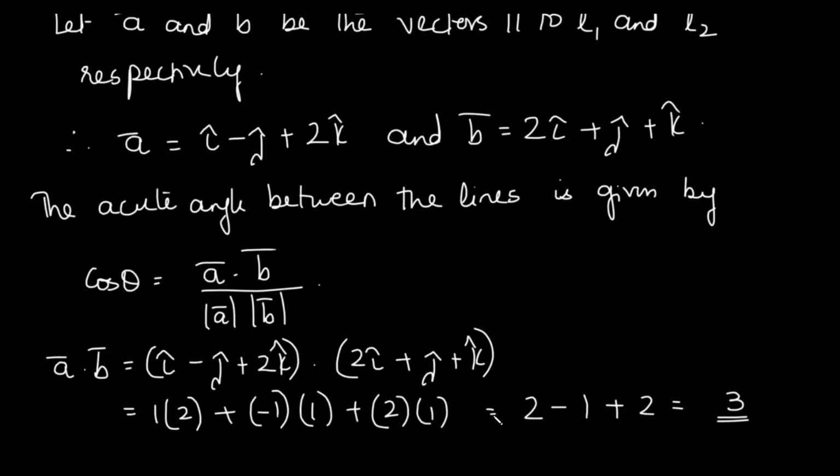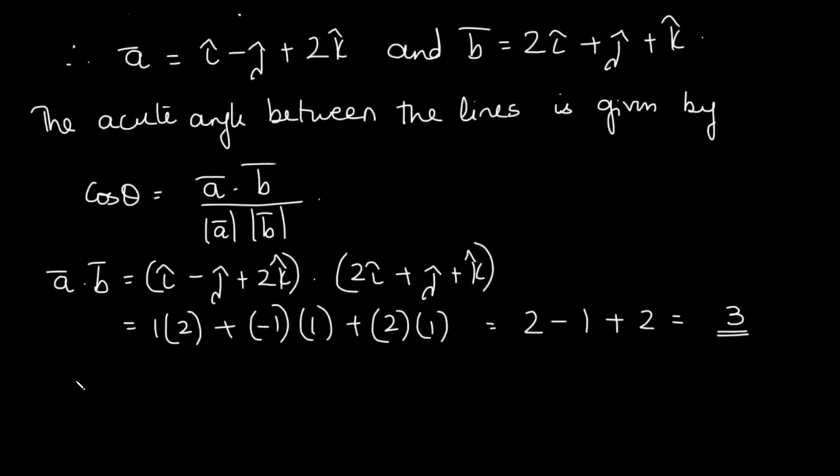So A dot B comes out as 3, and similarly we also find what is mod A and mod B. So mod A, I hope you remember the formula, it is root of 1 square plus minus 1 square plus 2 square, which is root of 6.